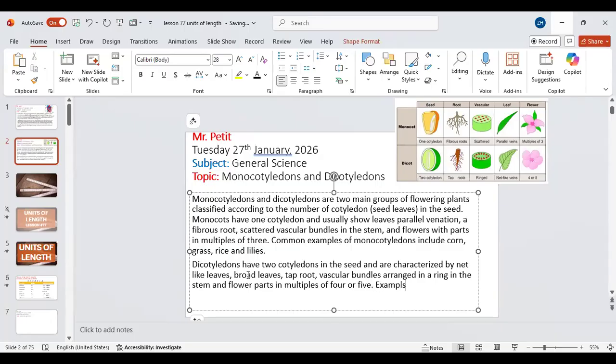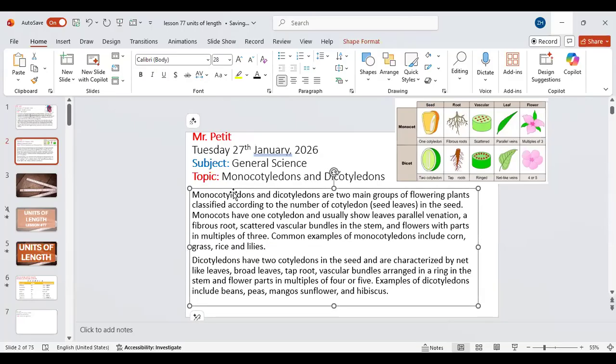Examples of dicotyledons include beans, peas, mango, potatoes, mangoes, sunflower, and hibiscus. Okay, that's basically it.